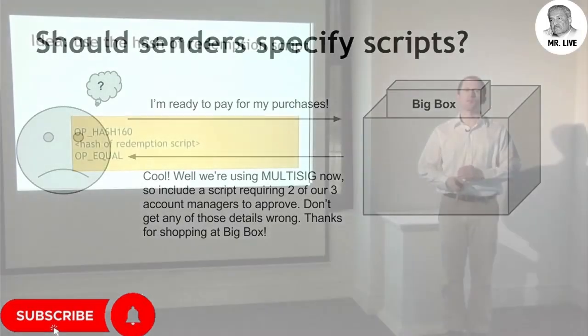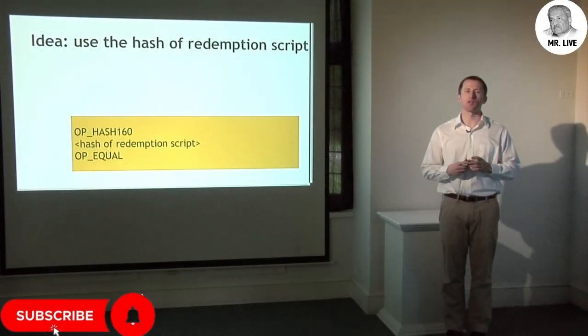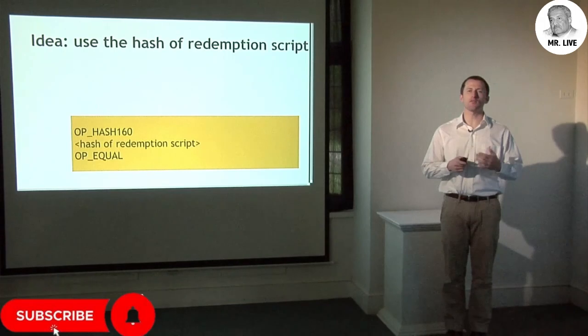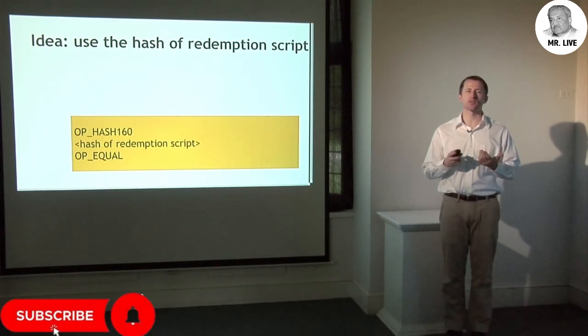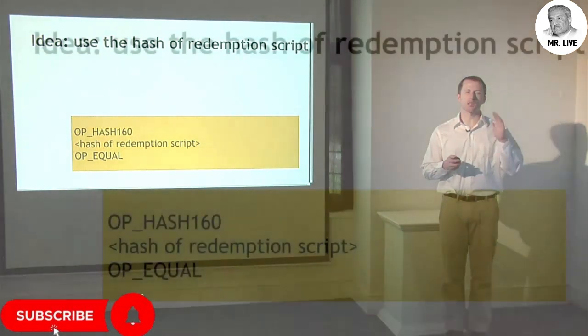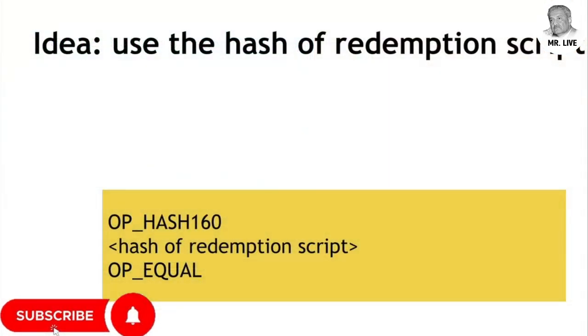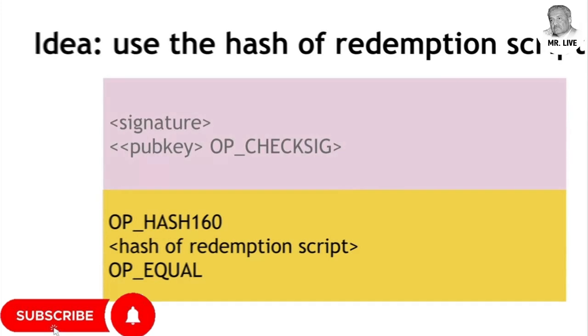So in response to that problem, there's a really clever hack in Bitcoin, which is that instead of having the sender specify the entire script, the sender can specify just a hash of the script that is going to be needed to redeem those coins. So this looks like the sender specifying a very simple script, which just hashes the top value on the stack and checks to see if it's equal to the required redemption script.